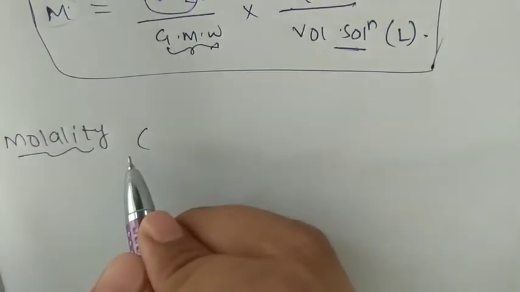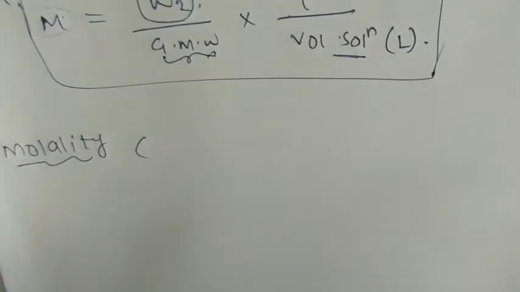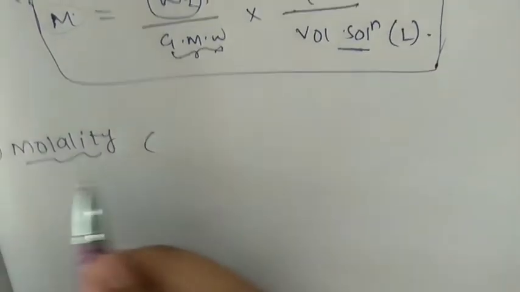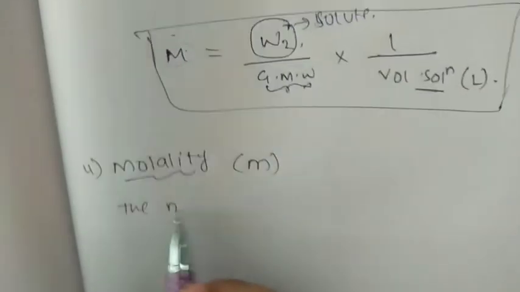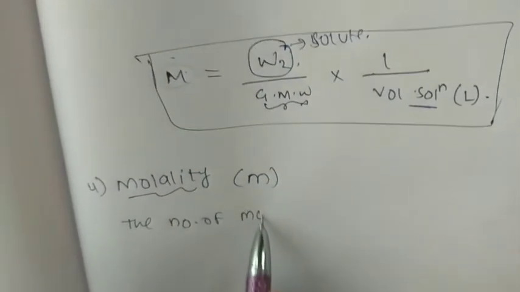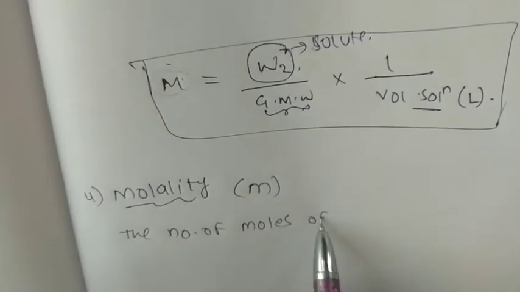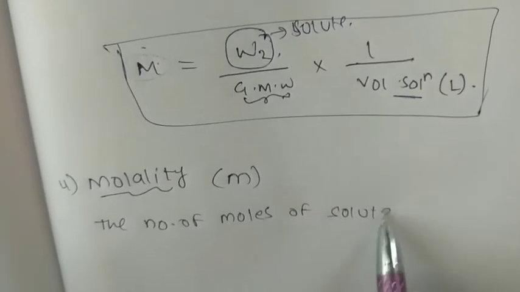Molality is defined as the number of moles of the solute present in 1 kg of solvent. It is denoted by small m.